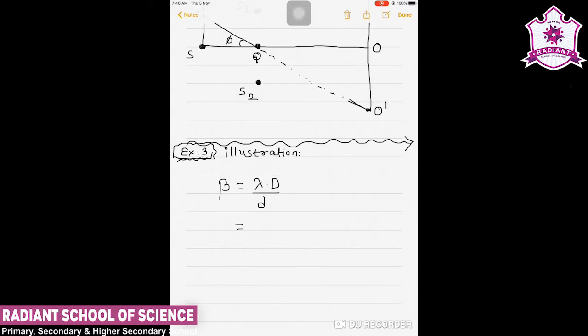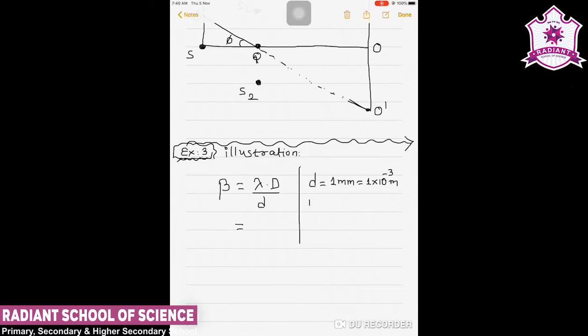Always write in this manner what is given. First, small d is 1 millimeter apart, that is 1 into 10 raised to minus 3 meter.